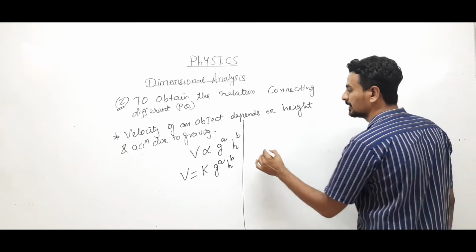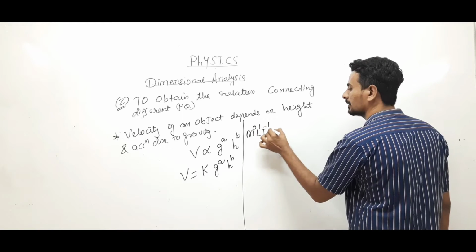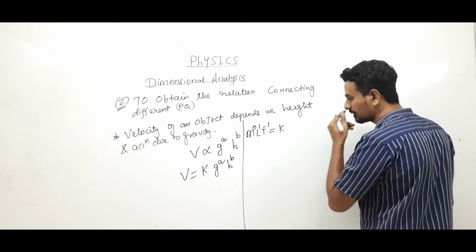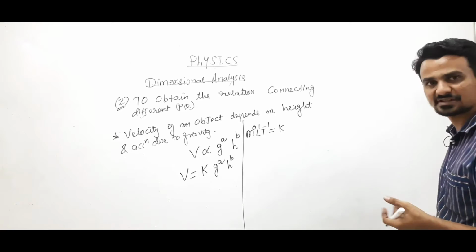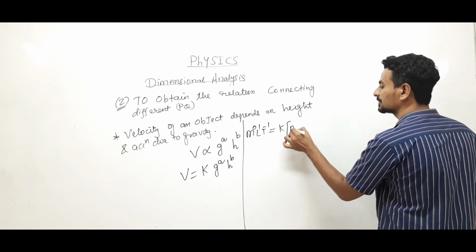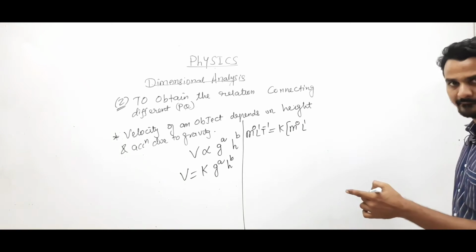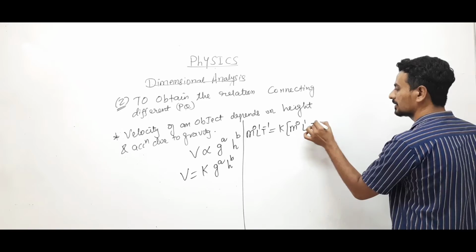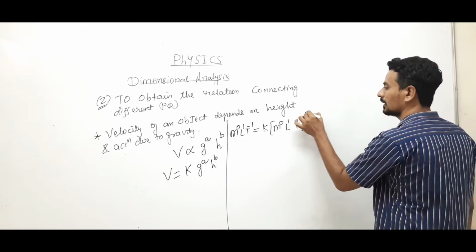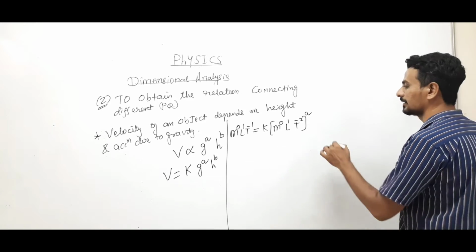Velocity will be M^0 L^1 T^-1. K is a constant, so we will not have any dimensional formula for the constant term. Acceleration means meter per second square, that is L^1 T^-2, raised to a. And h means height, which is length.